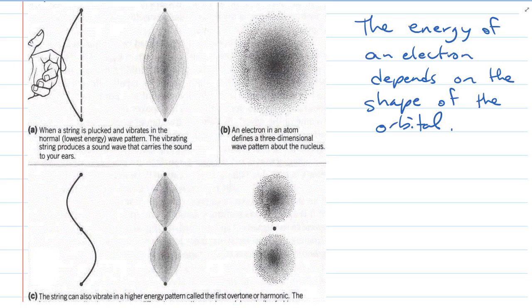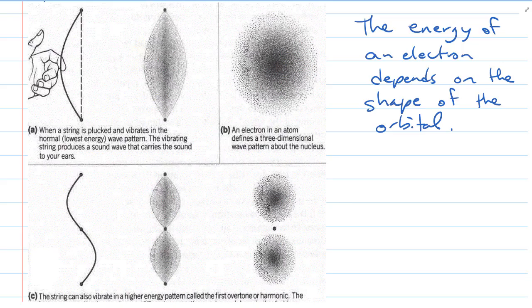So what would be sufficient for us to know is this. What I'd like for you to know is that the energy of the electron depends upon the size of the orbitals, and it also depends upon the shape of the orbitals. Okay, any questions that you have?